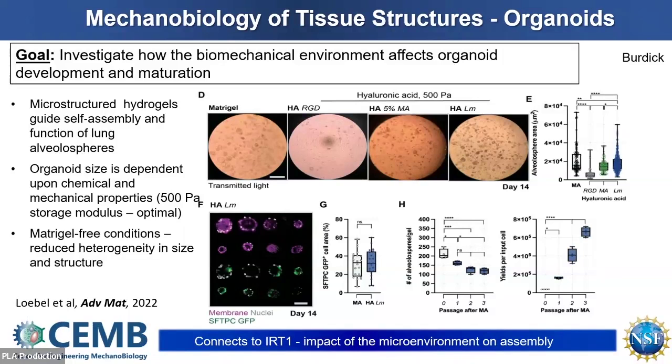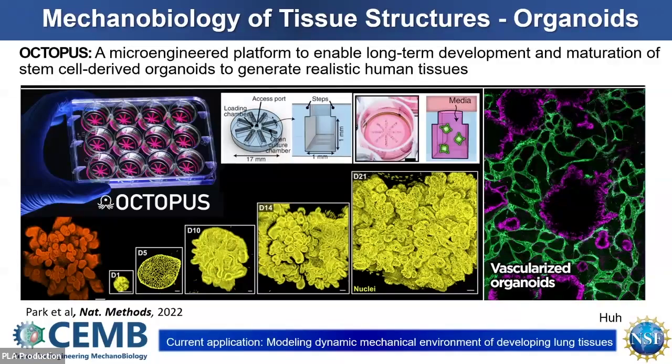And then moving on, Dan Hu's group has also addressed an important point of organoid development in the lab: the loss of viability in the core of these growing tissues.